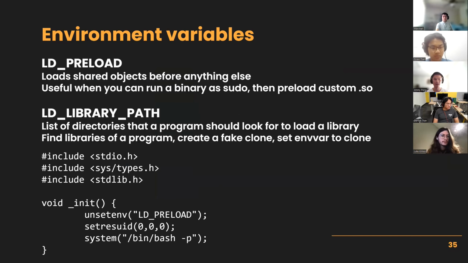Okay, so there are other vulnerable environment variables as well, along with the path variable. There's LD_PRELOAD and LD_LIBRARY_PATH as well. What these environment variables do is they load shared object files.